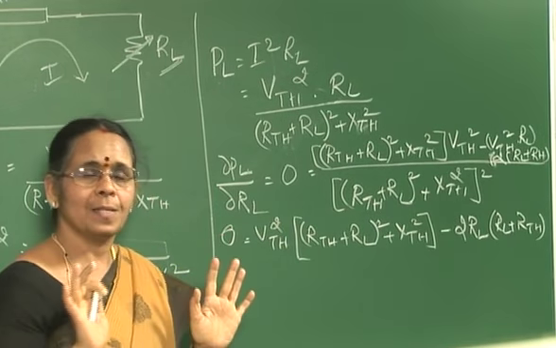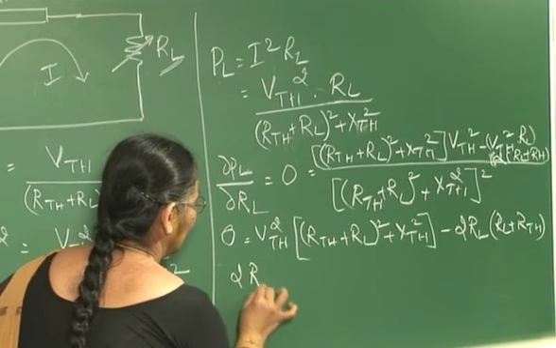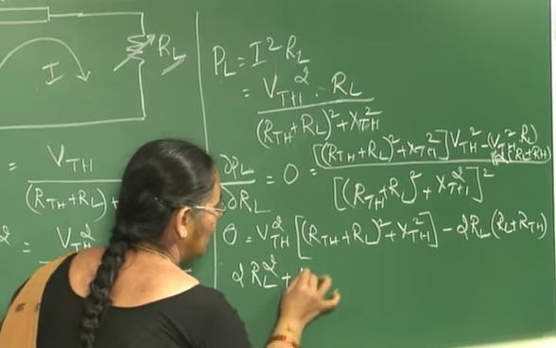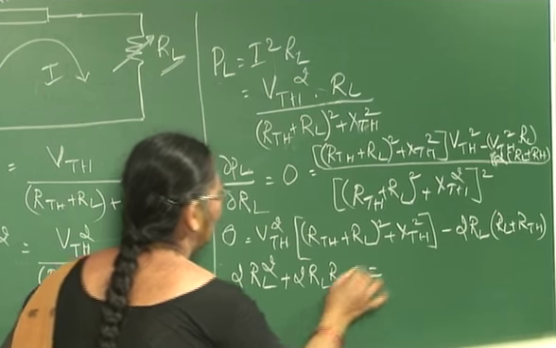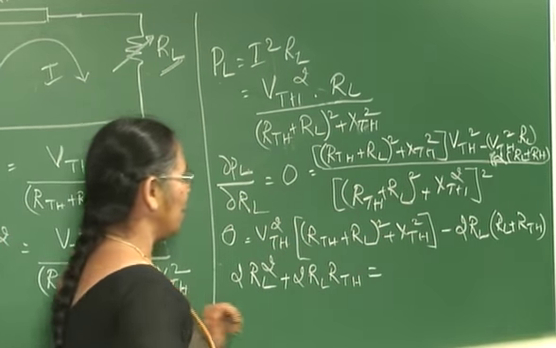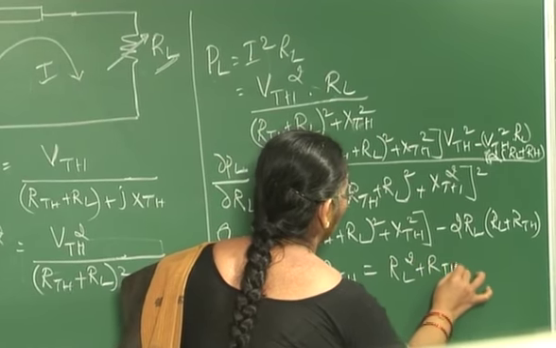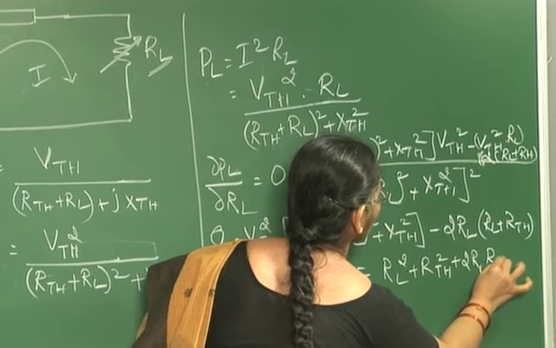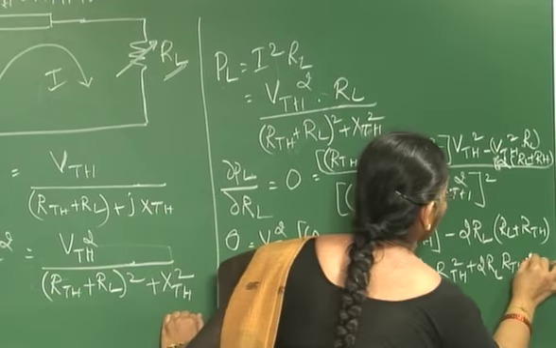So you have 2 RL square plus 2 RL R Thevenin is equal to, taking this to the left hand side and keeping this as it is, RL square plus R Thevenin square plus 2 RL R Thevenin, expanding this, plus X Thevenin square.